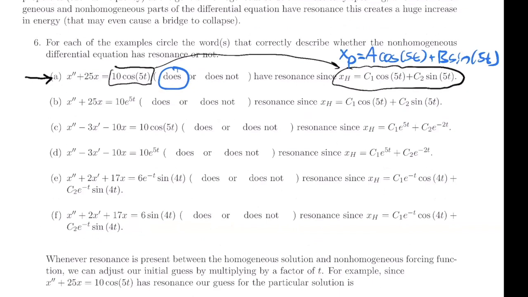Okay, and so in B, we have the same left side, so we have the same homogeneous solution. In this one, if I'm looking at a forcing function of 10 times e to the 5t, what do you think would be a good particular solution to guess initially here?